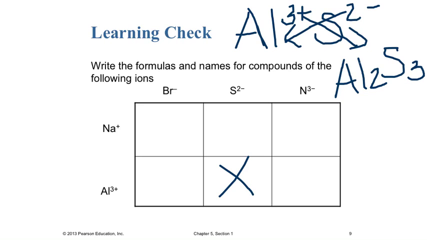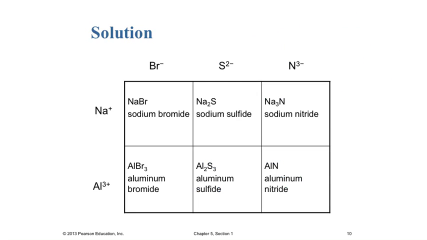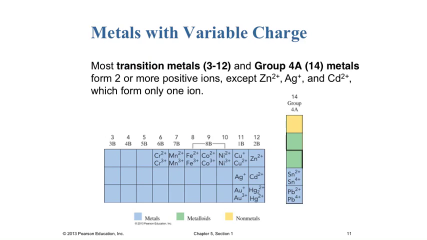Now, in this learning check, I want you to do the crisscross down to find the formula and also name the compound. So looking at the example that we just did, we can name this compound aluminum sulfide.